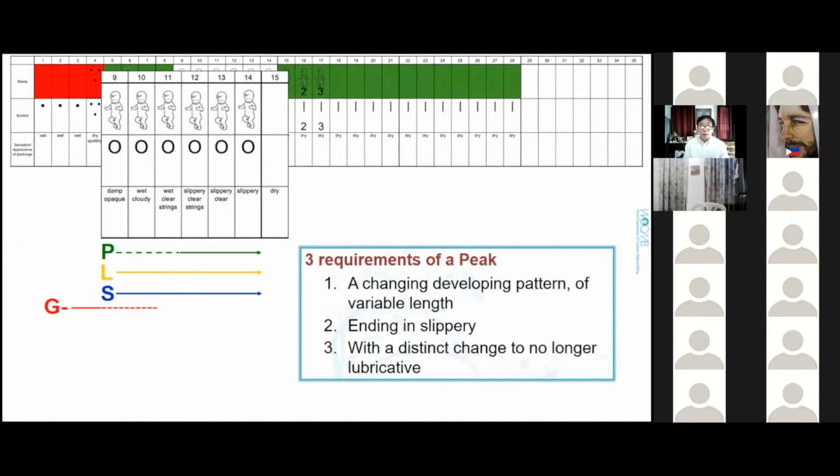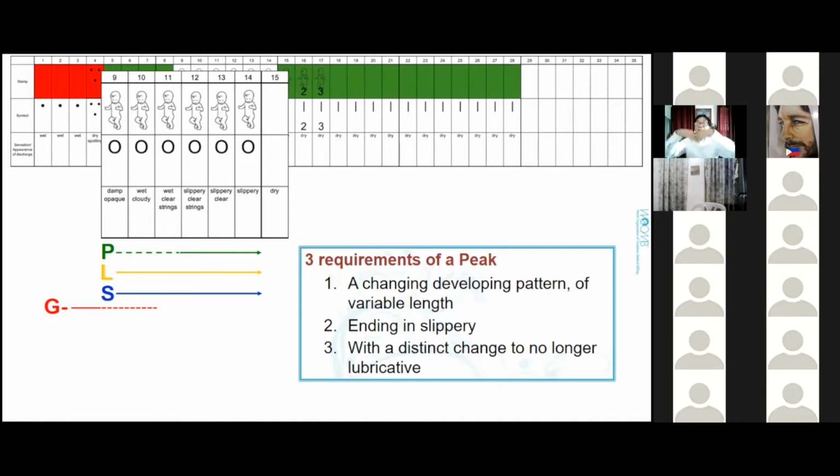Number 2 requirement, the end of mucus must always be slippery. And you know the reason. Let me repeat. Slippery mucus indicates that the egg is already mature and any moment there will be an ovulation. Number 3, you will be able to recognize the peak because it has a distinct change to no longer lubricative or slippery.